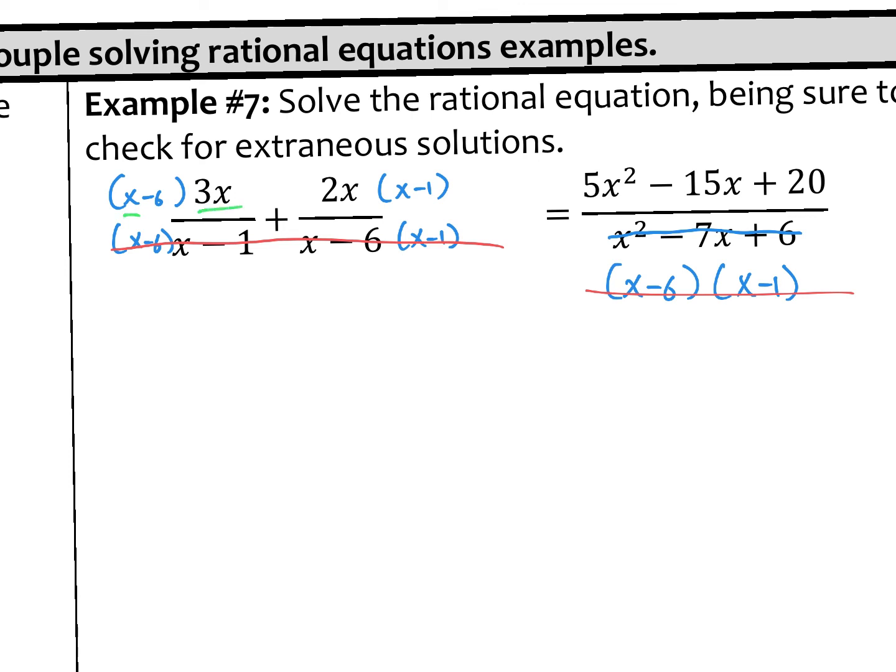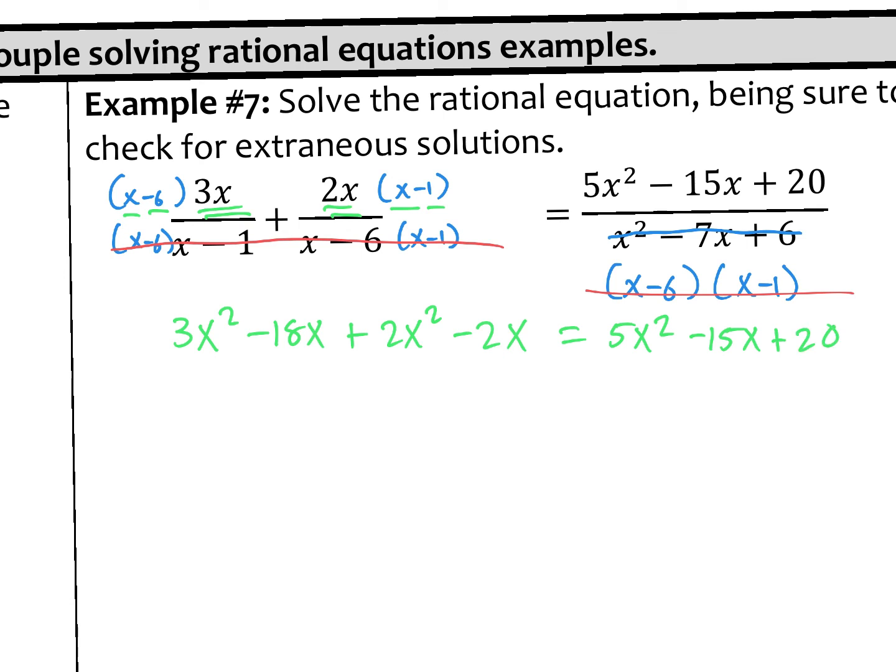x times 3x, 3x squared. Negative 6 times 3x, minus 18x. 2x times x, plus 2x squared. 2x times negative 1, minus 2x, equals the numerator from the other side: 5x squared minus 15x plus 20.